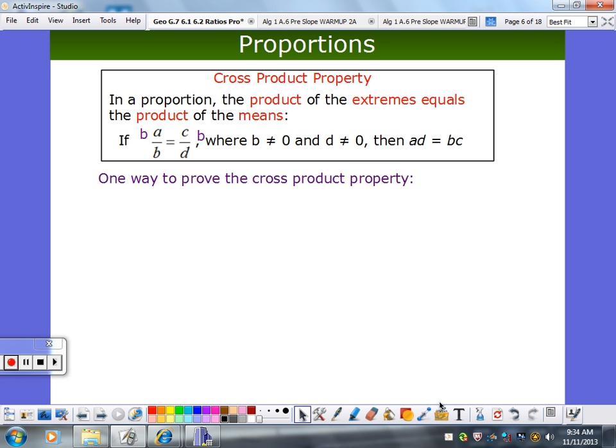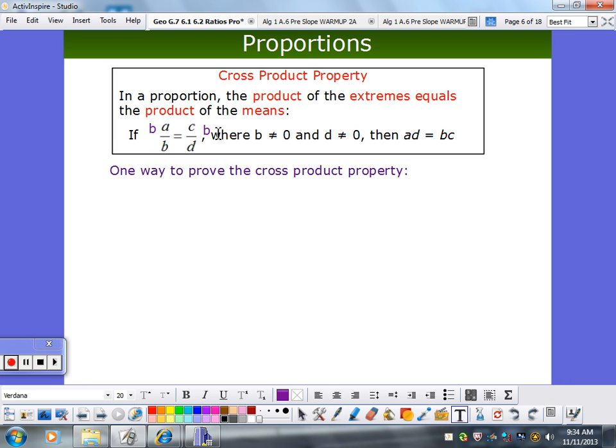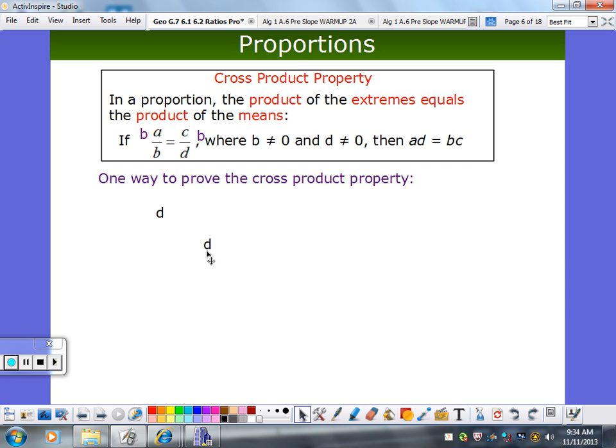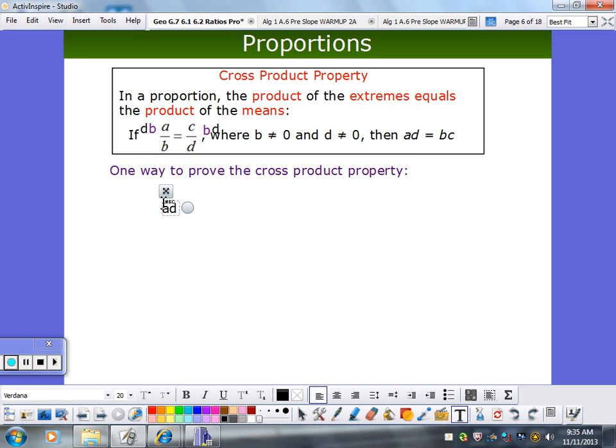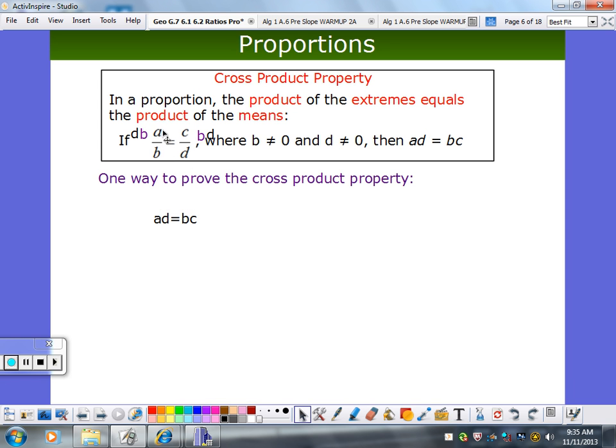Now if I multiply both sides by d, what's that going to do for me? This d crosses out. What am I left with? AD equals, the d's are gone, BC. Is that the cross products? AD equals BC? So I'm really just doing that manipulation and remembering that that's how it works. So that's the cross product property.